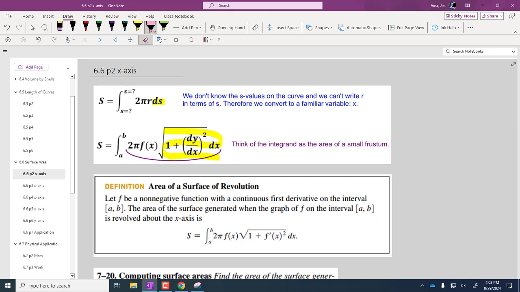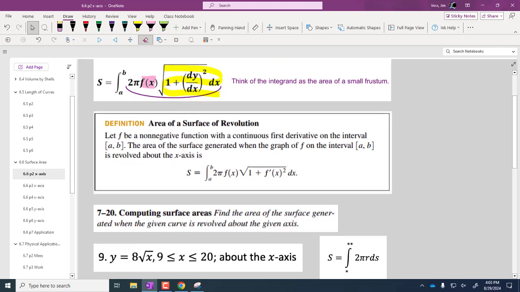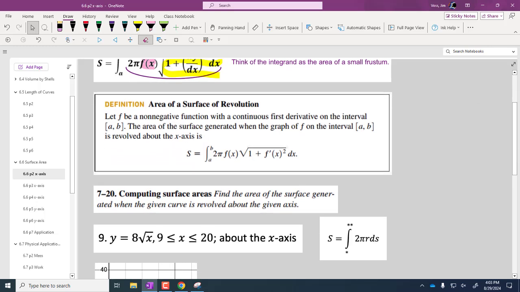And notice that the r, the 2 pi r, the function is going to give us the radius, just like it did in other problems that we looked at with disks and washers and shells.